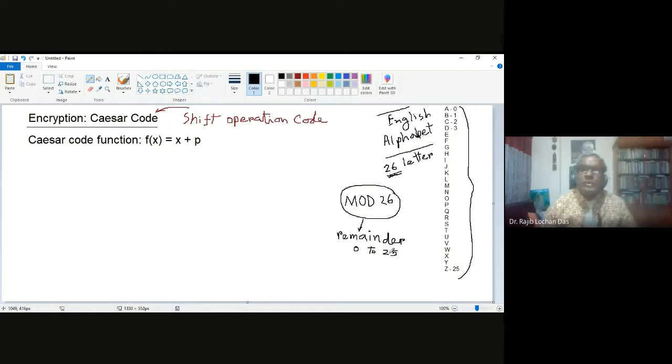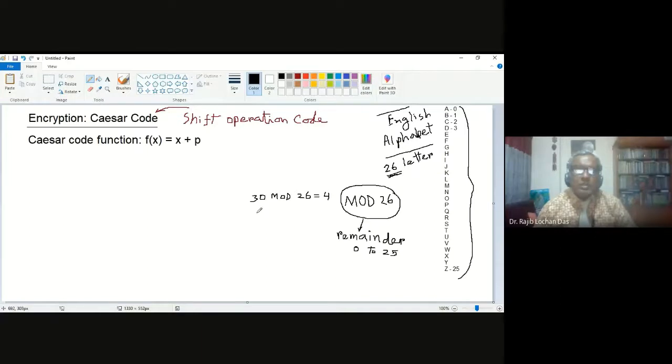So if you think about any number, say 30, it will be 30 mod 26. What will be the result? 4. Because we divide 30 by 26 and 4 is the remainder, right?